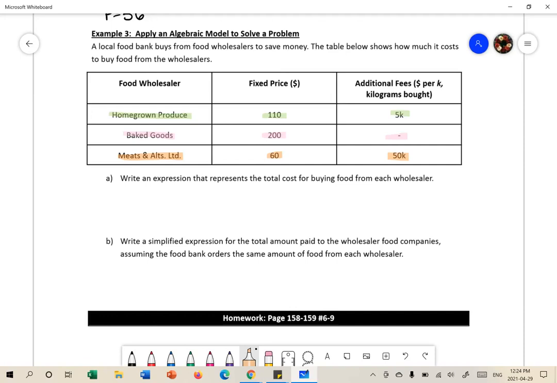In part A, write an expression that represents the total cost for buying food from each wholesaler. Let's begin with homegrown produce. A simplified expression would be 5K plus 110.